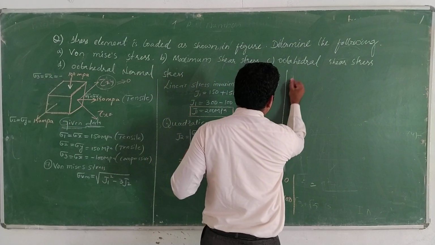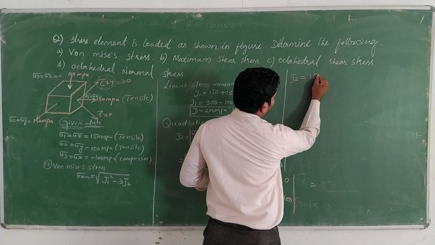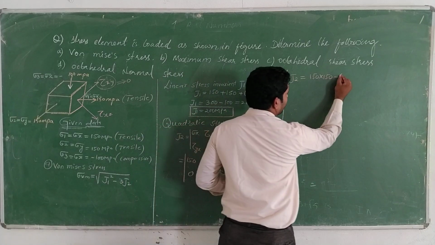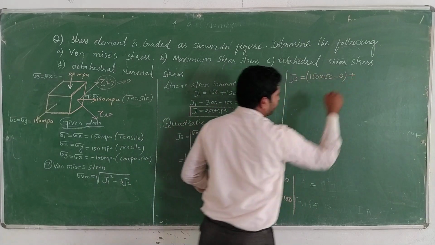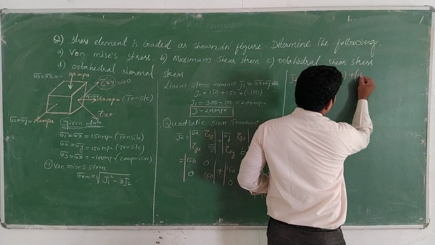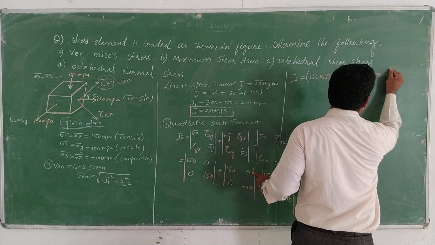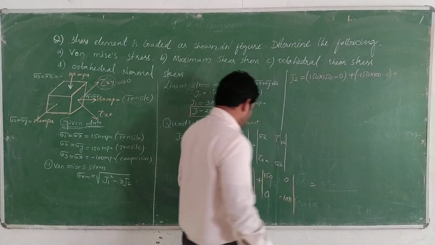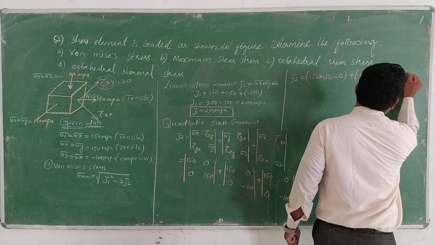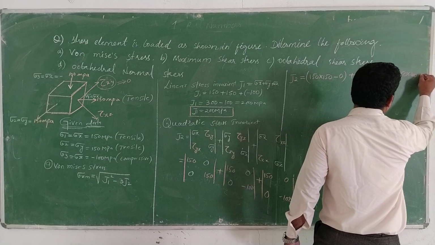Okay, J2 equal to 150 into 150, 150 into 150 minus 0 into 0, 0, plus, again you have to multiply 150 into minus 100, minus 150 into 100 minus 0, plus 150 into minus 100, 150 into minus 100, okay, 0 into 0, 0.